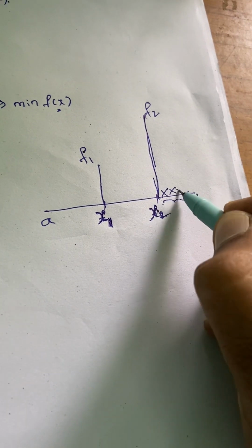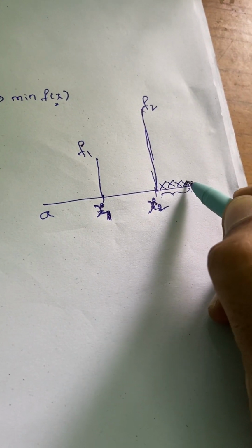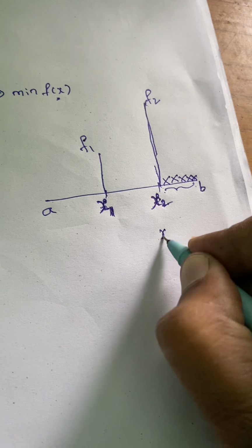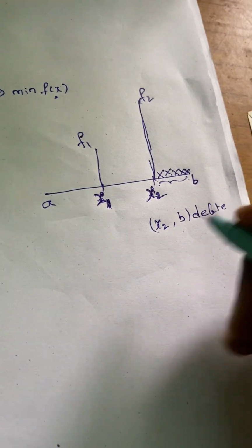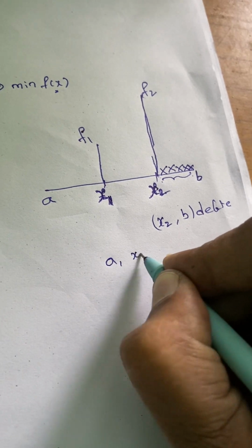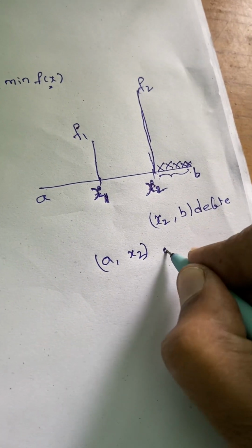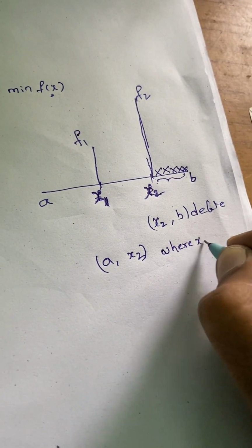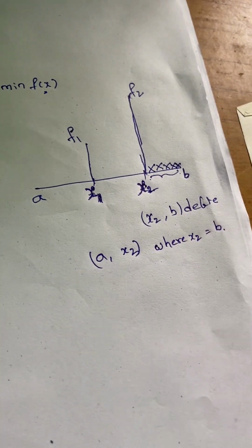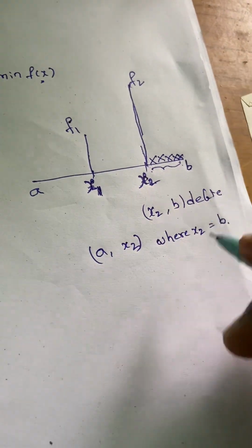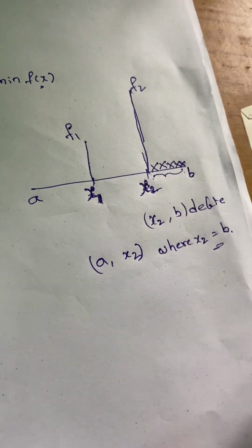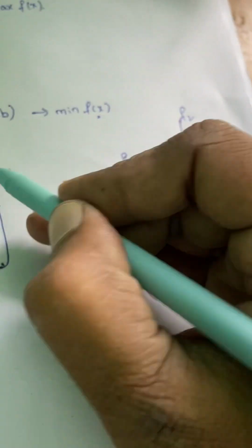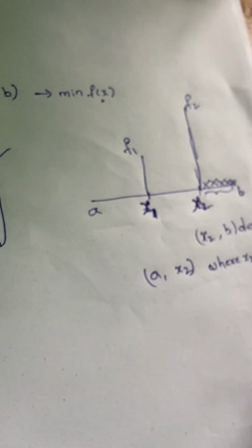We are going to delete this interval, x2 comma b, and consider the new interval as a comma x2, where x2 plays the role of b. Again, we substitute in the remaining interval and evaluate the functions. So this is one case, f1 less than f2.